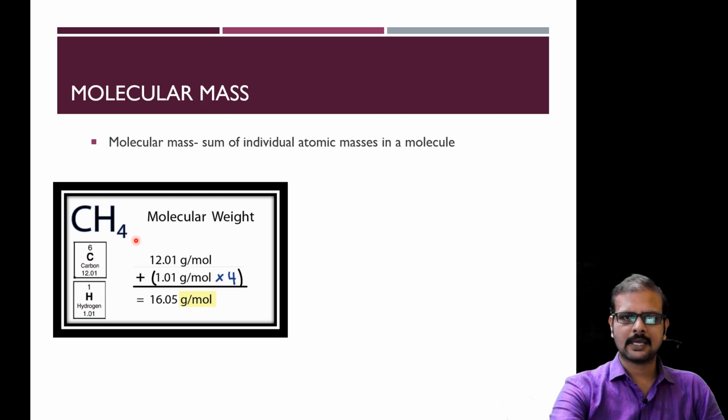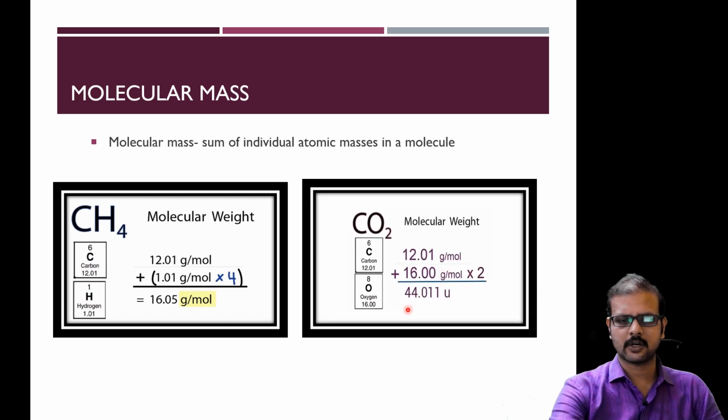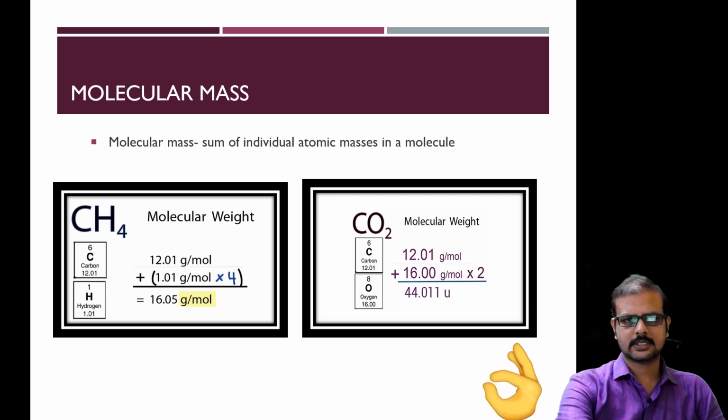Likewise, we can calculate the mass of any number of molecules present in the universe. If we see another example, carbon dioxide, it has 44, which comes from the atomic weights of carbon and oxygen. We can calculate any molecule by using the molecular mass formula.